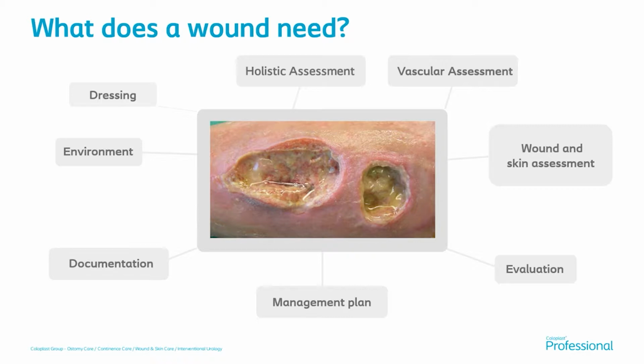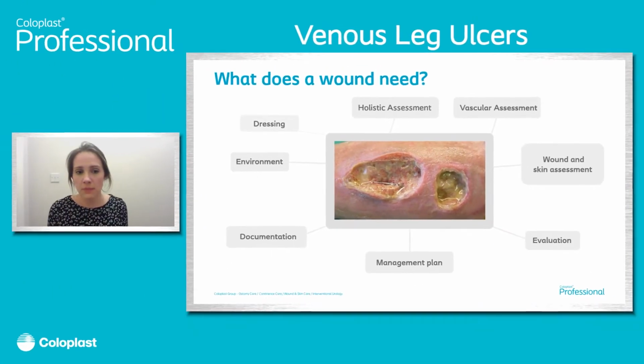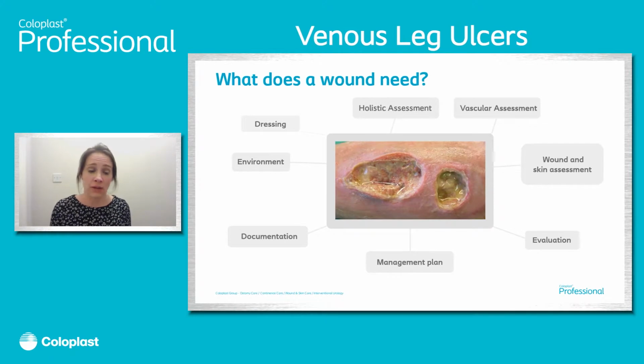So is the person living in a clean environment, or are we trying to manage and change this wound in a suboptimal environment? In which case, can we improve that? Could we bring them into a clinic or into a surgery for their dressing change, for example? Are we documenting everything that we're doing and everything that we're seeing?